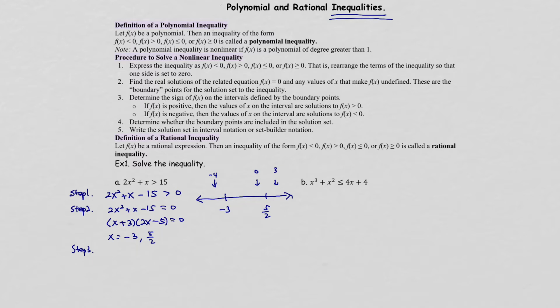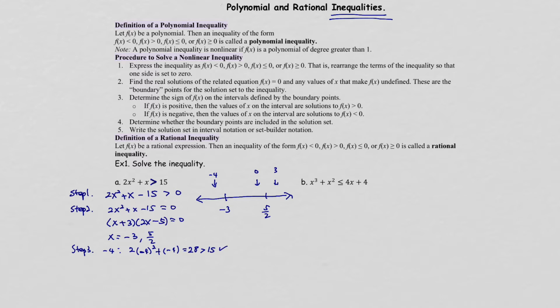When I place negative 4 back into my inequality, I have 2 times negative 4 squared plus negative 4. I end up getting positive 16 times 2, minus 4, which is 28, which is greater than 15. Here it's greater than 15, and so that works out.